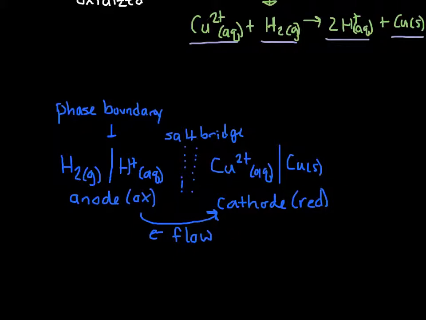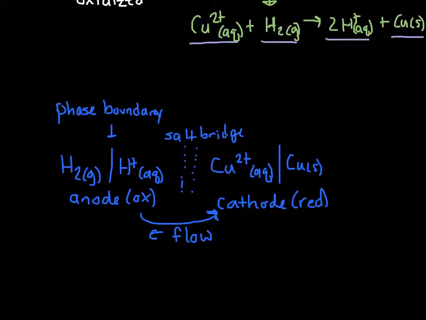A shorthand representation of what this could look like. So instead of having to draw the entire voltaic cell, this is a very shorthand version. So we have H2 gas with a phase boundary, which is a vertical line with H plus aqueous. This is our anode, so this is where oxidation is occurring. Therefore, we are going from an H2 to an H plus through the reaction.